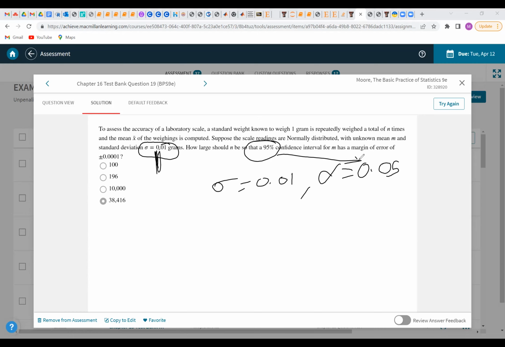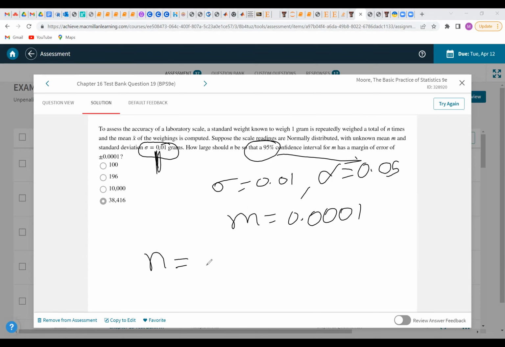So 1 minus 0.95 is 0.05. Okay, and we have the margin of error m is 0.0001. So this is our margin of error. So now we need to find the sample size.